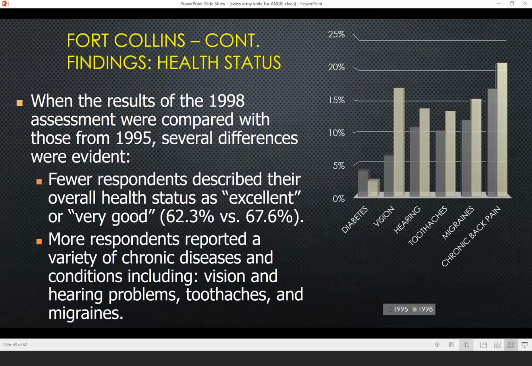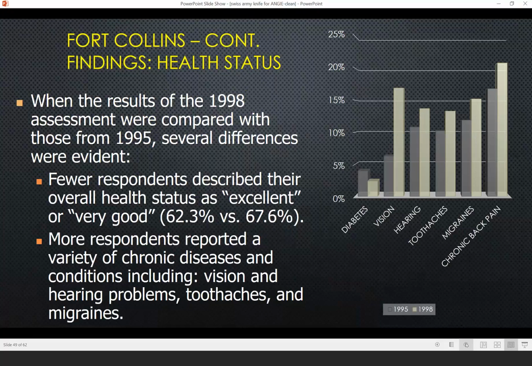And what they discovered was kind of disturbing, because they were spending a couple million dollars a year on population health improvement strategies and doing some really nice programming. They had mobile vans and all kinds of other stuff. But what they saw in just a 3-year period were fewer people describing their health status as excellent.